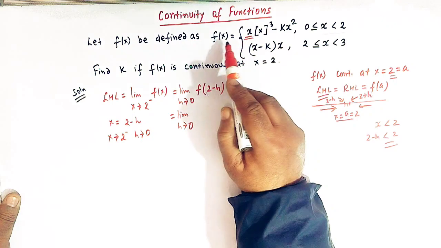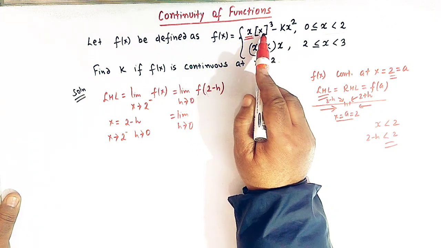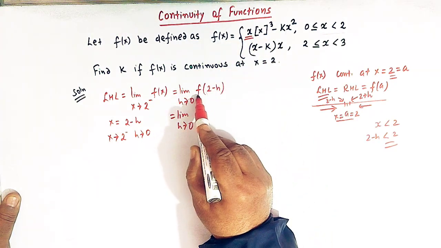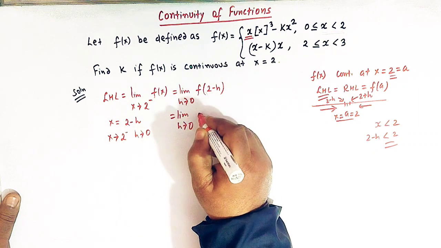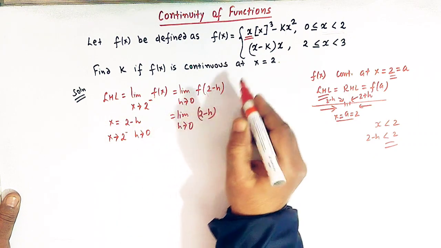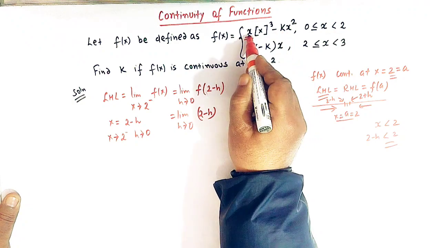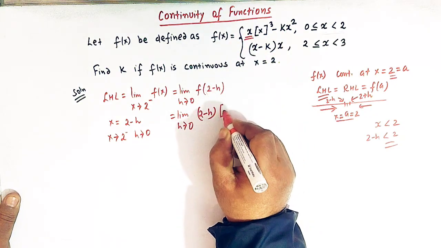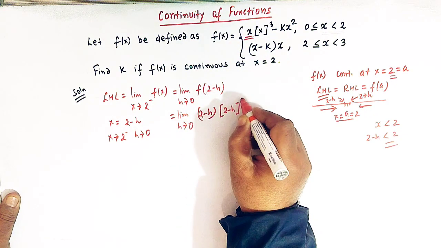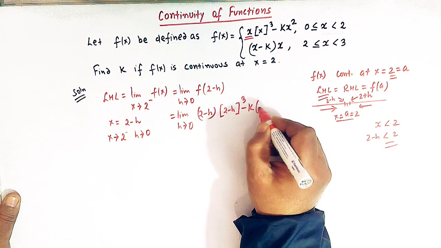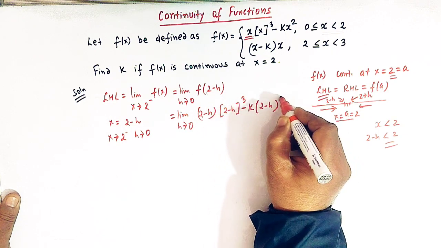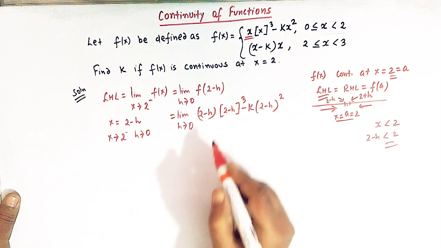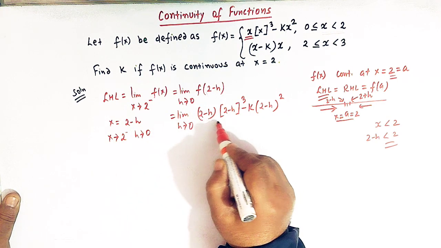So we'll make use of this form of the function for getting f(2 minus h). Here we'll take x equals 2 minus h, so we have (2 minus h) times the cube of the greatest integer of (2 minus h), minus k times (2 minus h) squared, right? Okay, so now we have to evaluate this limit.